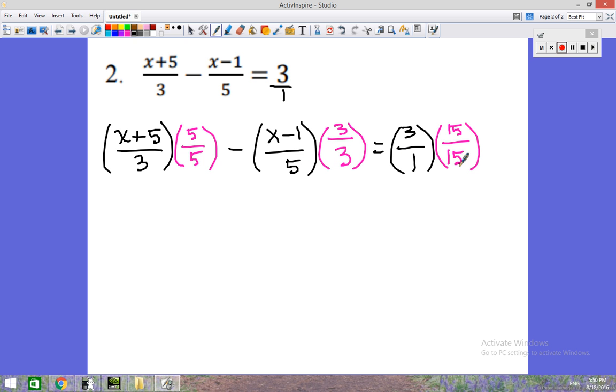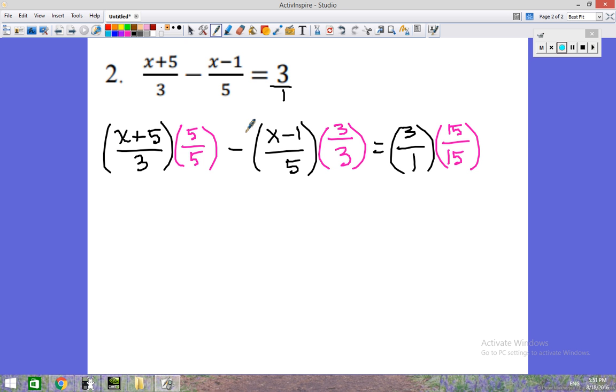And this denominator is 15 because when we multiply fractions, it's easy. You just multiply the numerators and the denominators together. Multiplication and division of fractions is much easier than addition and subtraction of fractions, because with addition and subtraction, like with that subtraction, we need a common denominator. So if I multiply every one of these terms by 15, all those denominators are cleared.